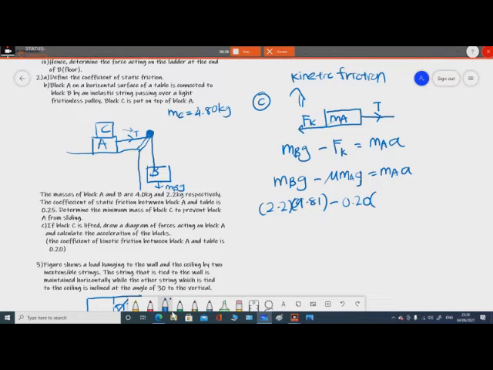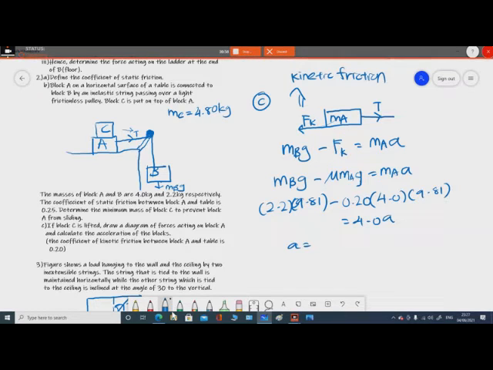So MA is 4.0 and this is 9.81, equal to 4.0. Is it 4.0? Okay, yes. So this is the acceleration that we need to find.